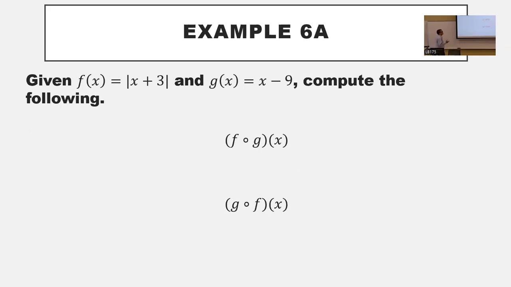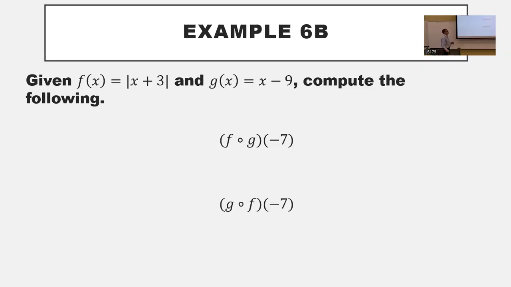I want you to do this example. We'll take f of x as the absolute value of x plus 3. And then g of x is x minus 9. And then we'll compose them in both directions.